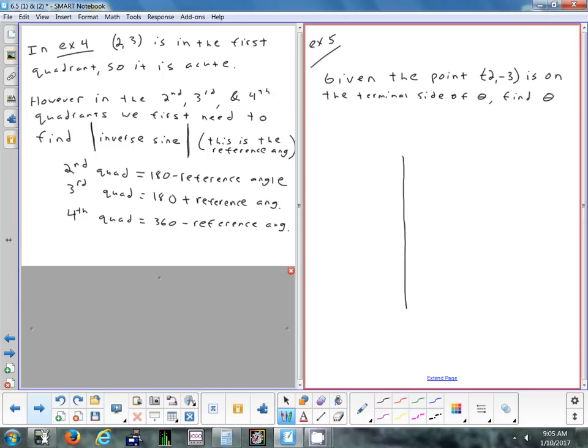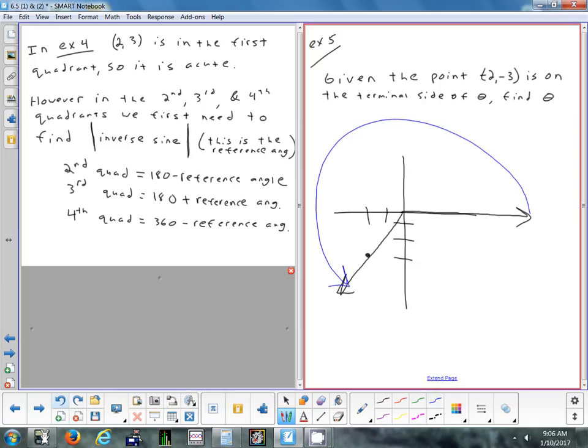Okay, so what I usually do is I plot the point. Okay, that is on the terminal side of an angle. Draw your terminal side. Okay, draw your initial side. And now the question we're trying to figure out is how big is that angle?